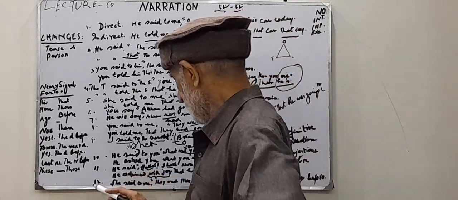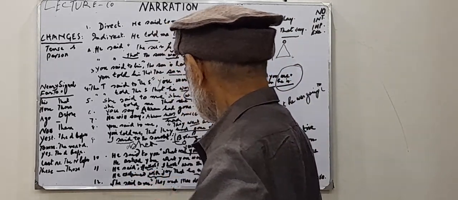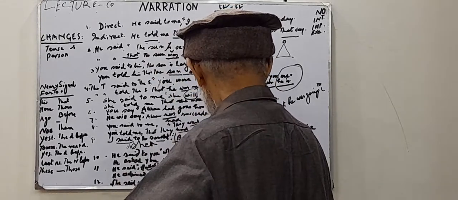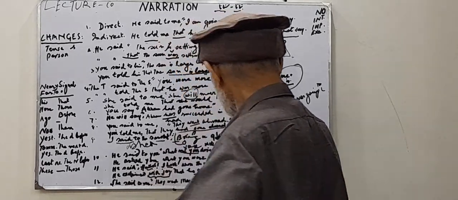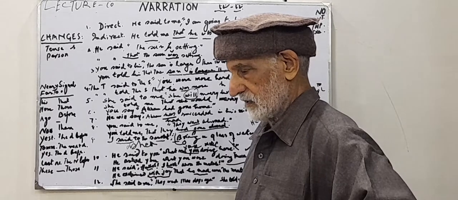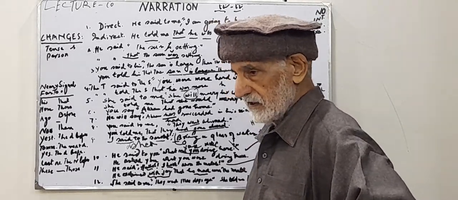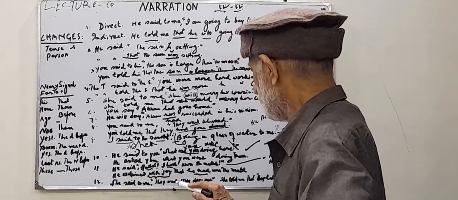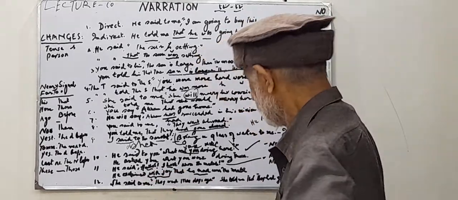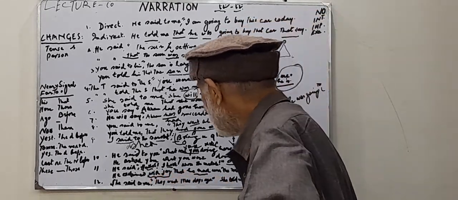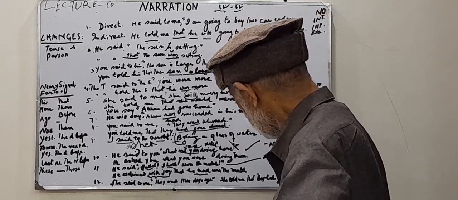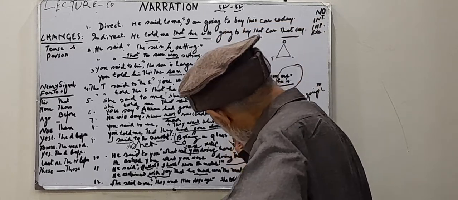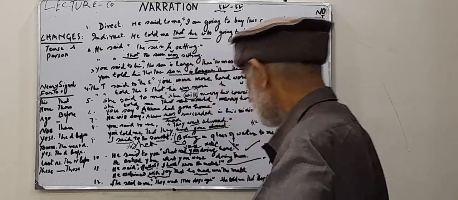And then, example 12, she said to me, they went 3 days ago. The rule from sequence of tenses, which you have already studied, says that when the principal clause is in the past indefinite, the subordinate clause will go from past indefinite to past perfect.